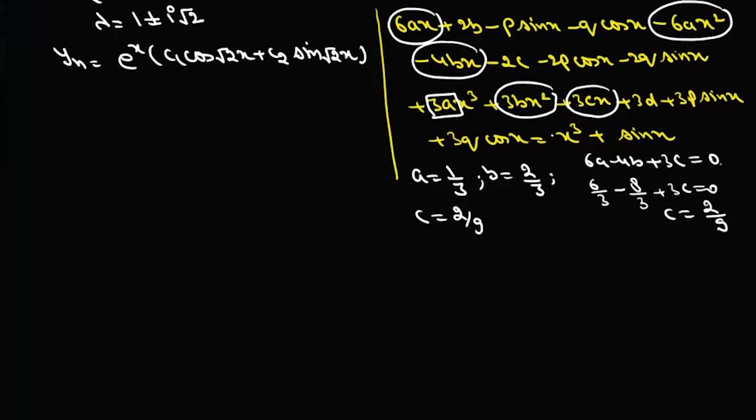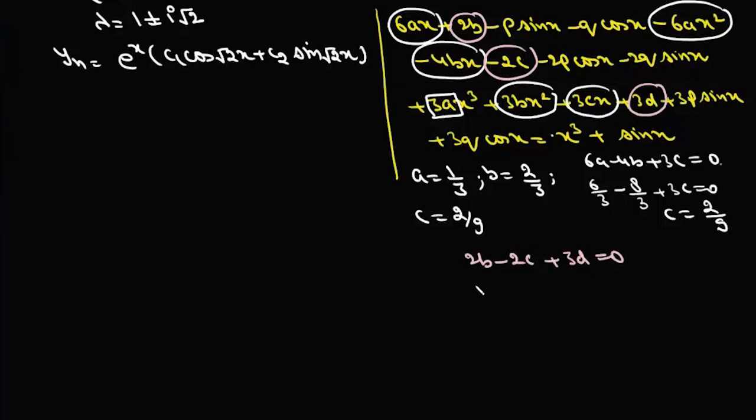Then we'll take the constant term. We have 2b minus 2c and 3d. So 2b minus 2c plus 3d equals 0.